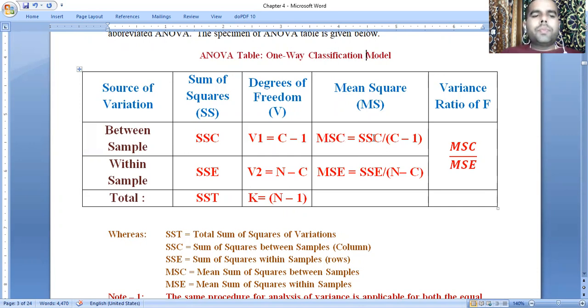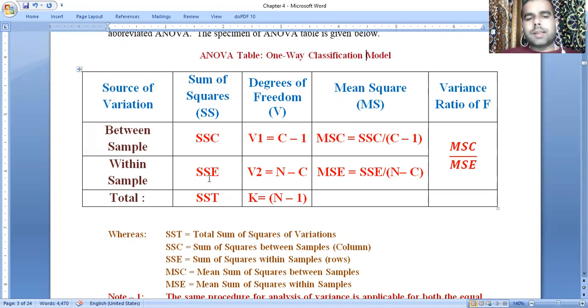Then go again to the source of variation, the second one, within samples. In within samples, first of all you have to find the SSE value.